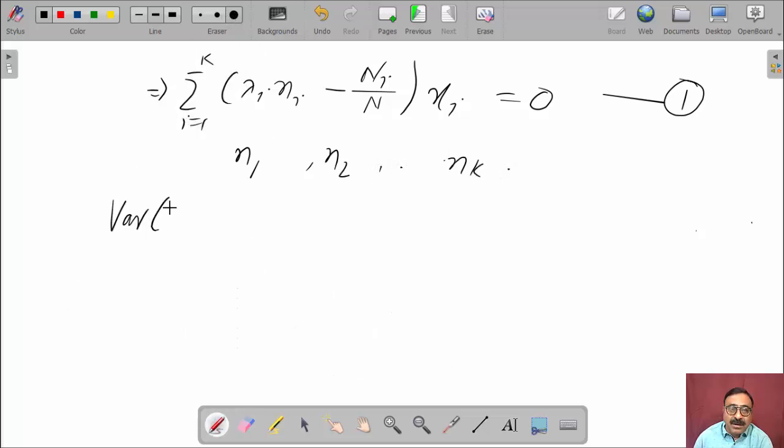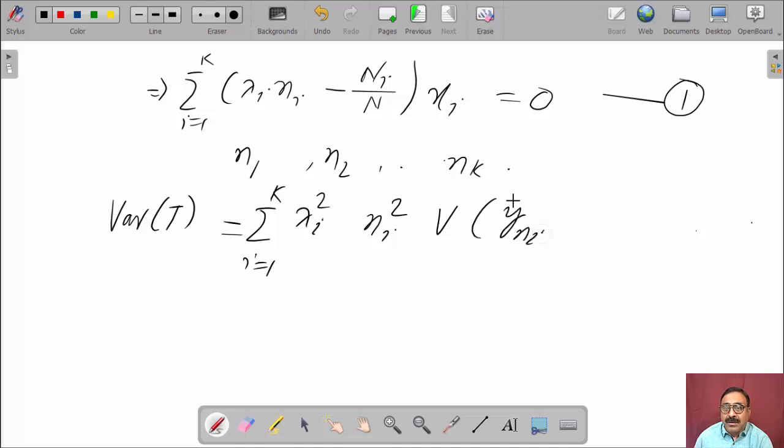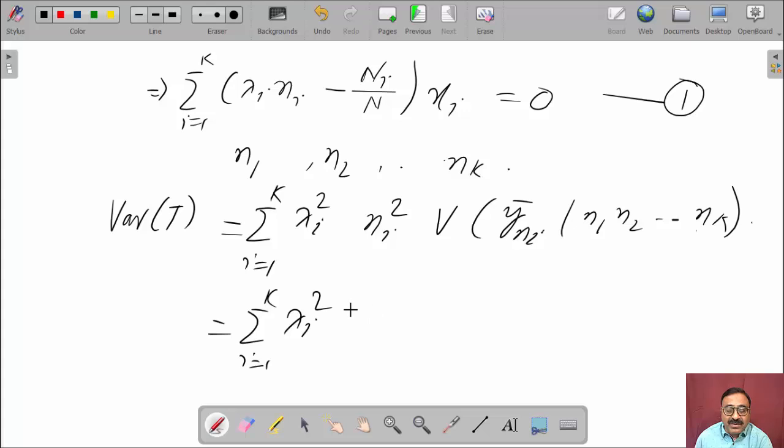variance of t, that is equal to summation i equal to 1 to k lambda i square n_i square variance of y n_i bar given n1, n2, ..., nk, that is equal to summation i equal to 1 to k lambda i square n_i square variance of y n_i bar given x_i.